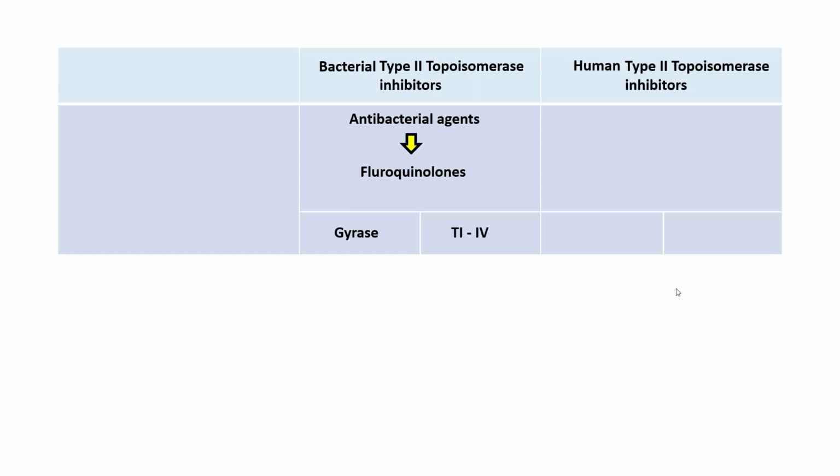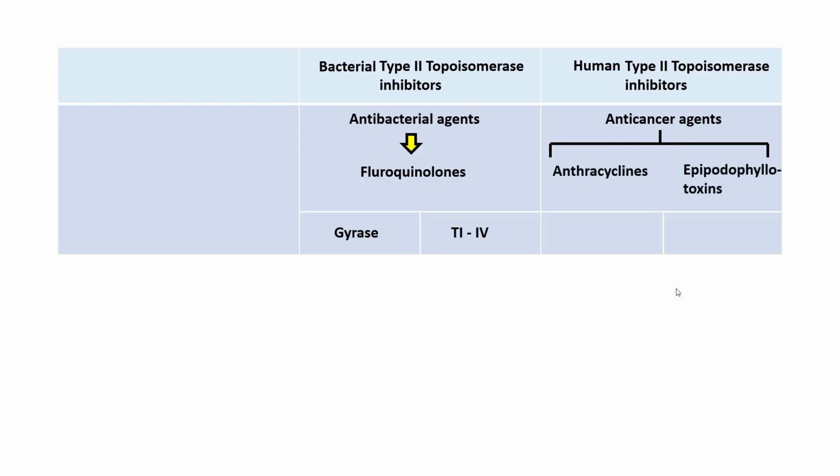There are no antimicrobial drugs, obviously, for this indication, but we do have anti-cancer drugs for this indication. They include the anti-cancer agents such as anthracyclines as well as the epipodophyllotoxins. Interestingly, the type 2 topoisomerases in humans do not include gyrase or topoisomerase 4. Instead, they include topoisomerase 2 alpha and topoisomerase 2 beta.